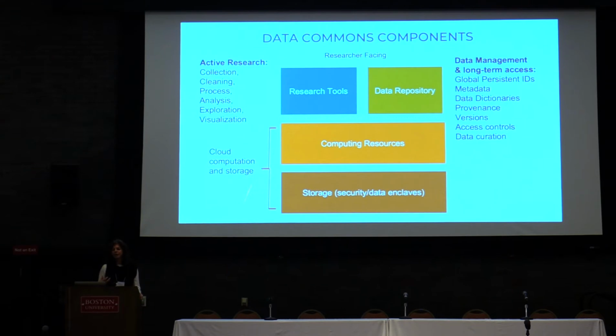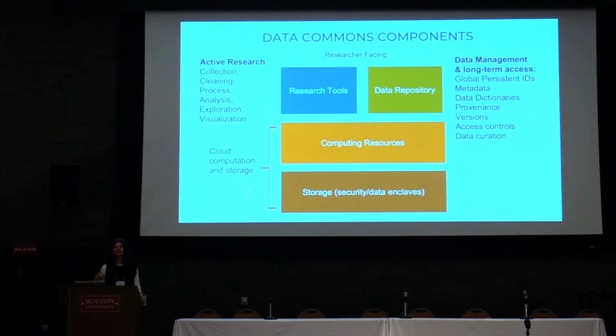But to do that correctly, you need a set of other services and tools that will facilitate it, like global persistent identifiers, and metadata that describes the data and makes it discoverable, so you know that the data set exists and how to access it.